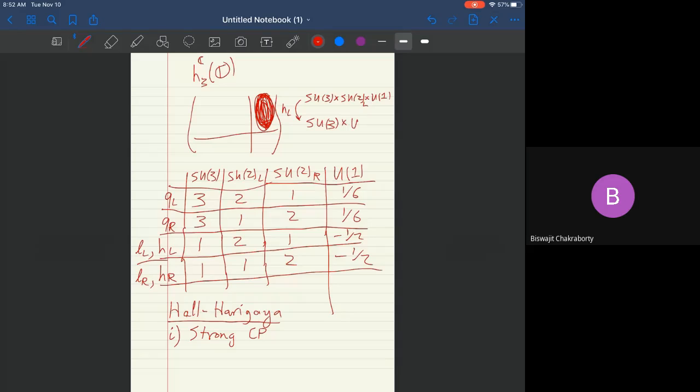SU3 times U1 electromagnetism. But now here there's one previous stage where we started with SU3 times SU2 left times SU2 right times U1.